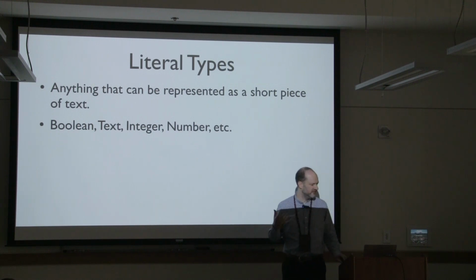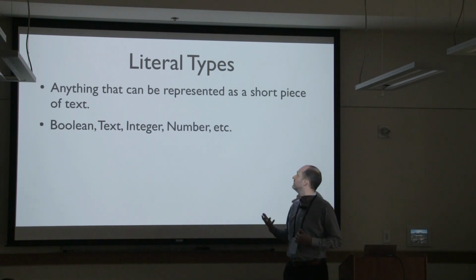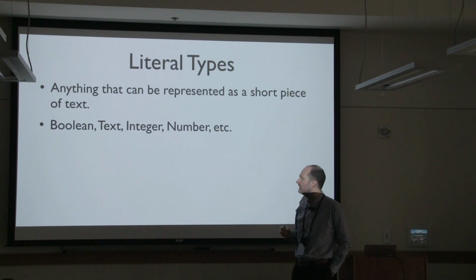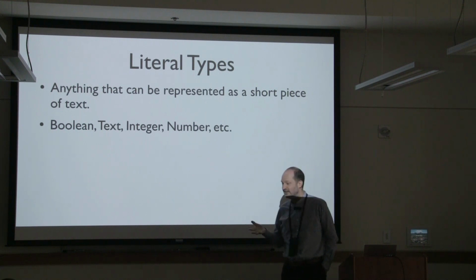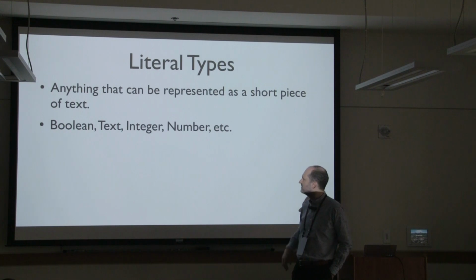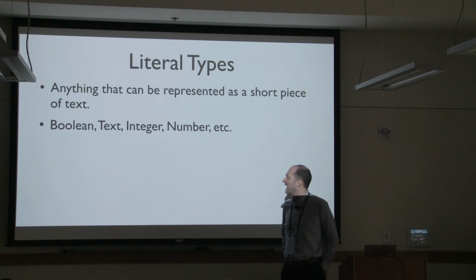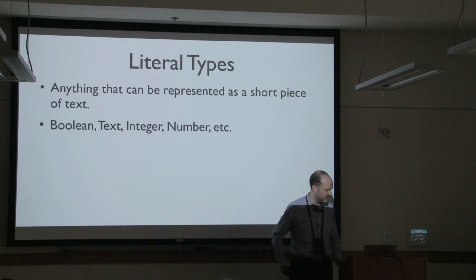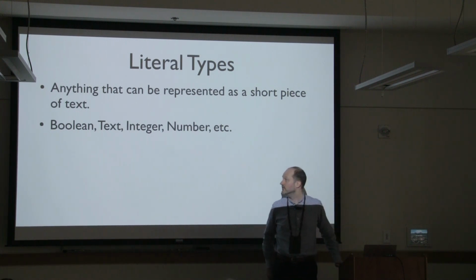So literals are just things that can be represented as a short piece of text, such as text or integer or Boolean. There are also date and time, time and duration kinds of types. And all of those things will end up in the literal table in storage.